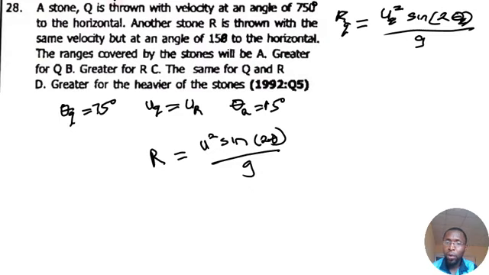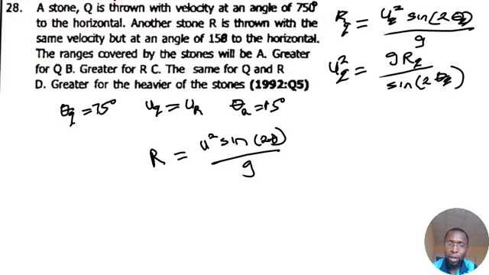So what that means is that if you make u Q squared the subject of the formula, we have u Q squared equal to g R Q over sine 2 theta Q. But we know that our theta Q is 75, so u Q squared is equal to g R Q over sine 2 times 75.